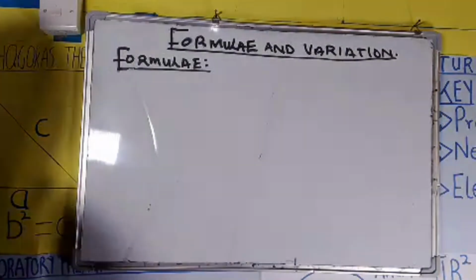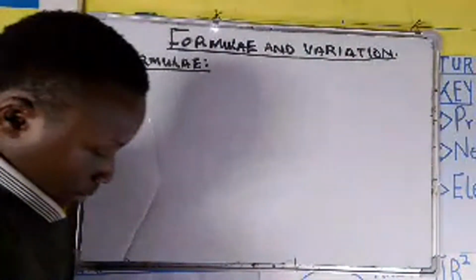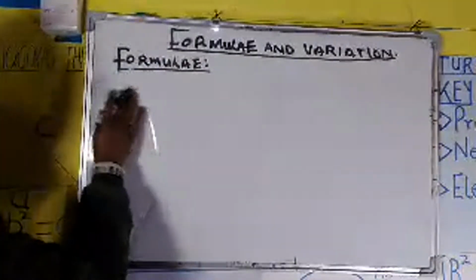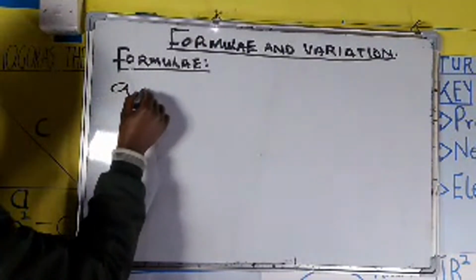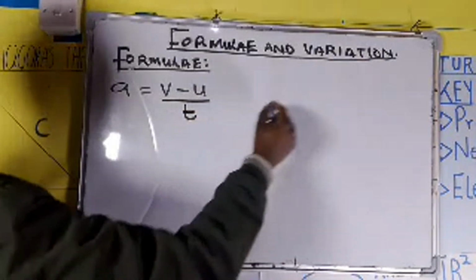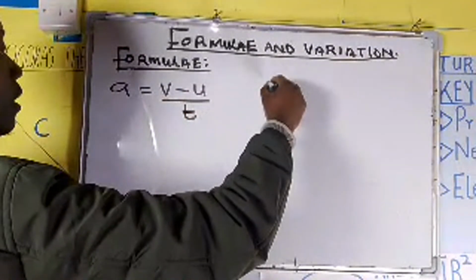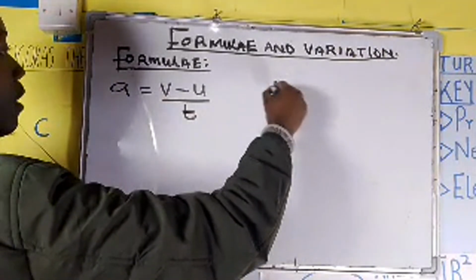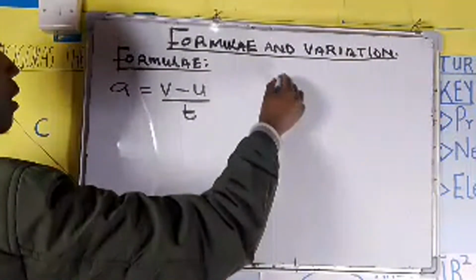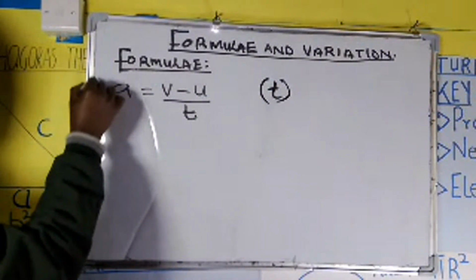So we have another formula. A is equal to V minus U over T. This is example 3.